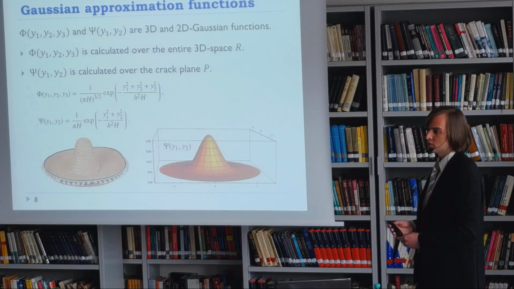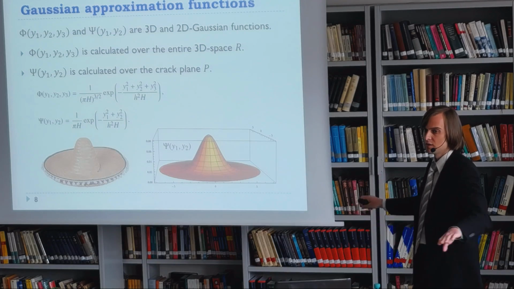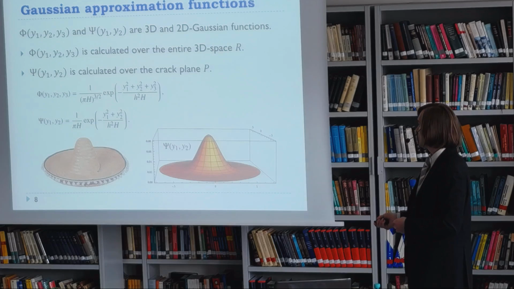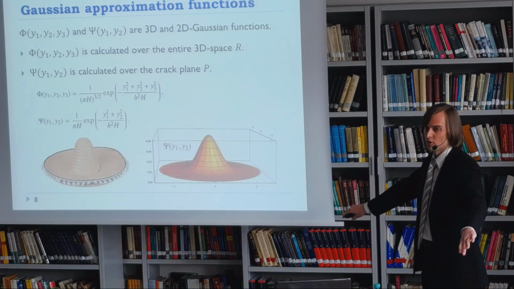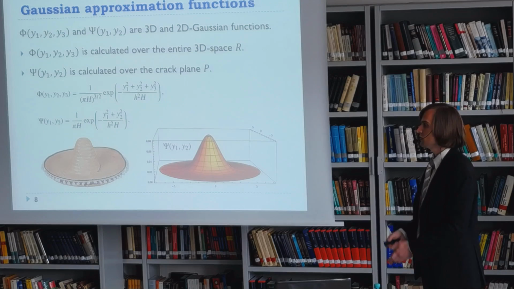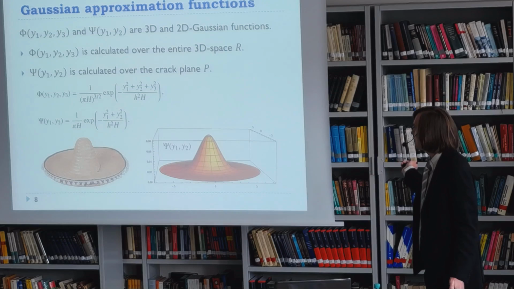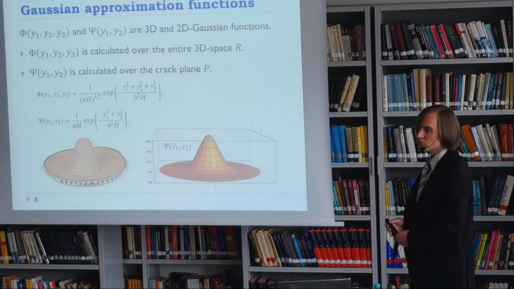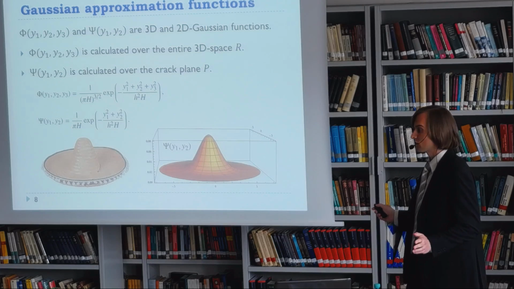We may calculate it over the entire space or over the entire plane, because the Gaussian functions decrease very quickly. So we may make this assumption that they fall down quickly, so we may calculate over the entire space. Of course it would cause us some issues, but it facilitates things a lot.